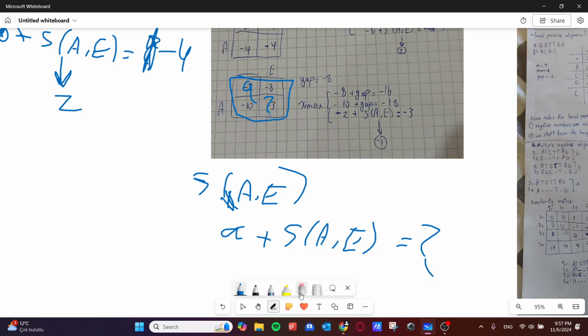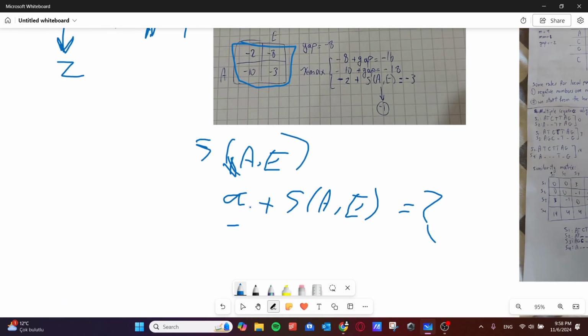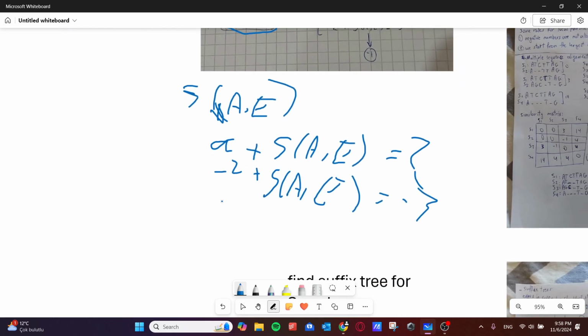But we have the question mark and we have the A. The A is minus 2, plus the alignment of AE. The question mark is minus 3. So what is the solution here, or what is the alignment? It's minus 1. Minus 2 plus minus 1 is minus 3.